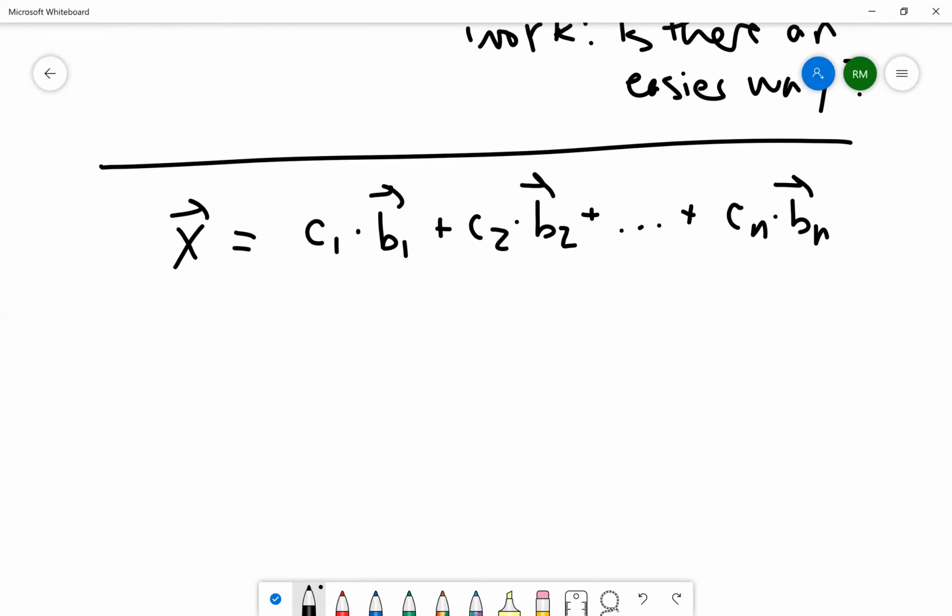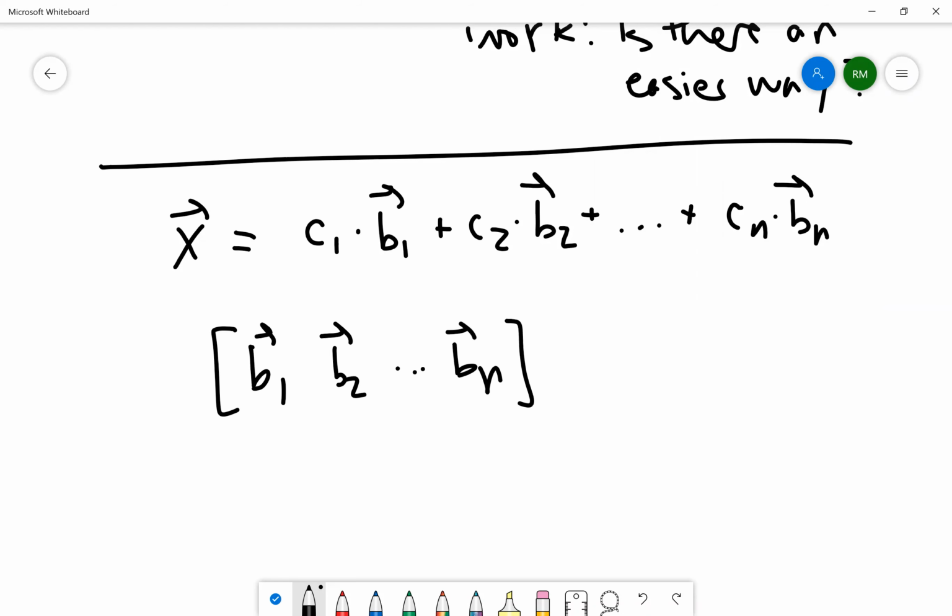So what we can do is create a matrix, b1, b2, through bn.